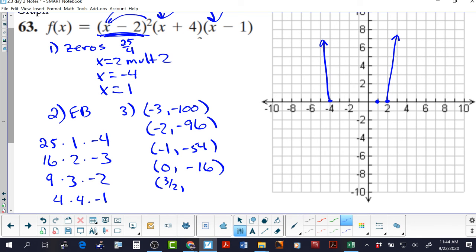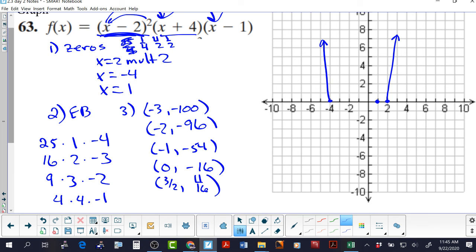Oh no, wait a minute, that's not right. 3 halves minus 4 halves is negative 1 half. So when we square that, it's 1/4. 3 halves plus 8 halves, there's 11 halves. And then 3 halves minus 2 halves is 1 half. So 11/16.